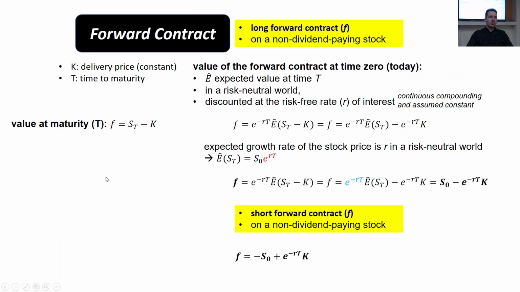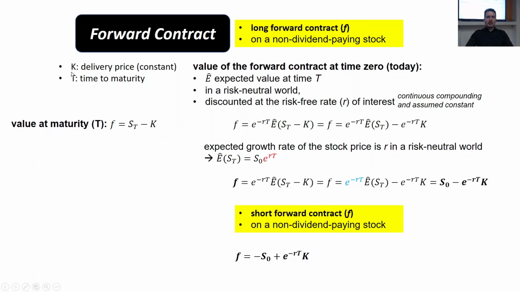Okay, so then what can we do with forward contracts? And practically here the book says that it doesn't matter whether it's a forward contract or futures contract, they just wanted to simplify everything. So take a long forward contract, F, on a non-dividend paying stock.